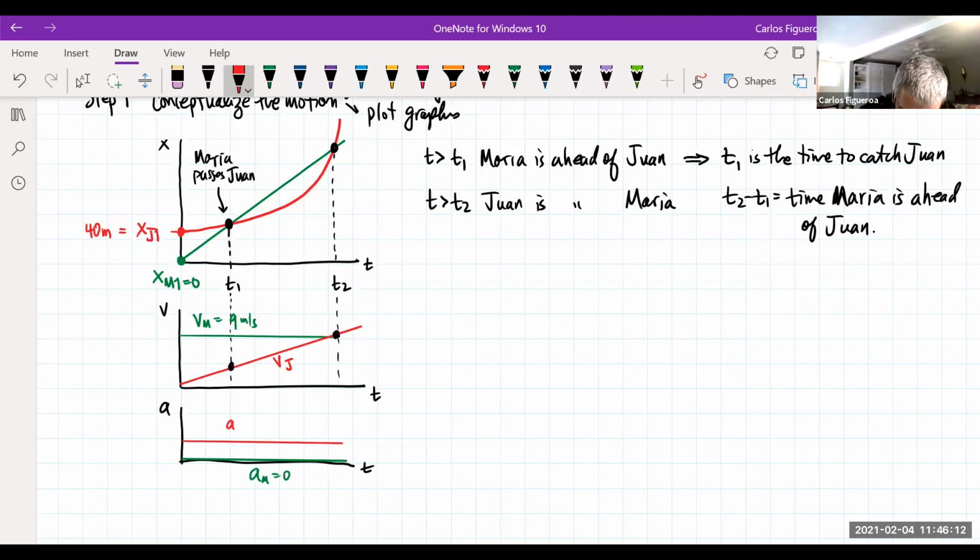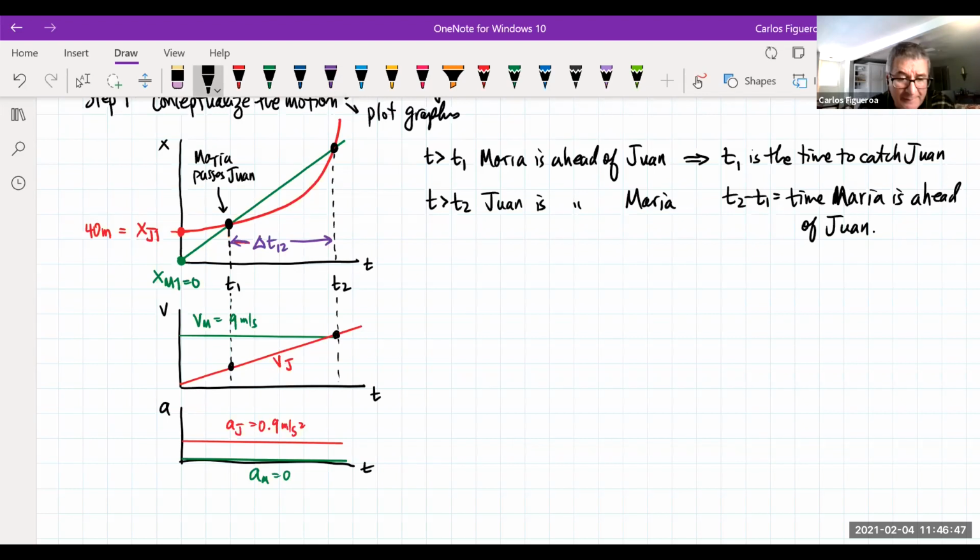And so Juan's acceleration is 0.9 meters per second squared. So I have my graphs now, and I think I have a good understanding of the problem because I know that this time right here is one of the times that we have to calculate between 1 and 2, because that's the time that it takes. T1 is the time it takes to catch Juan. So all of these details we have to look for.